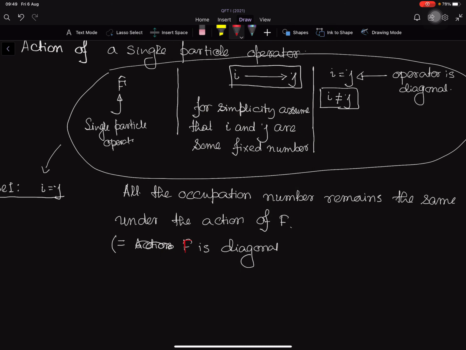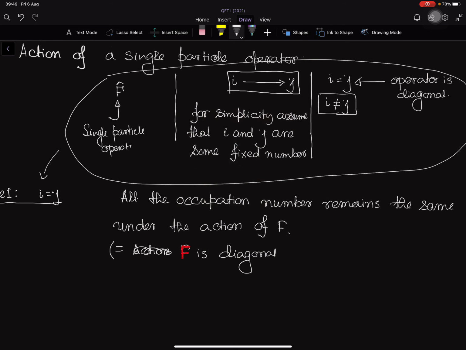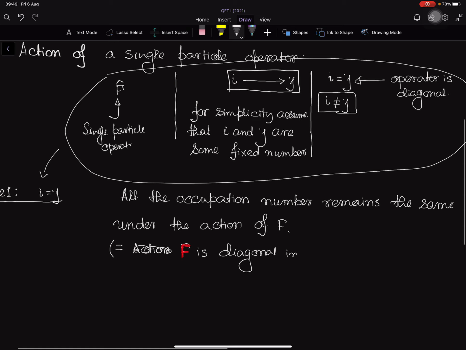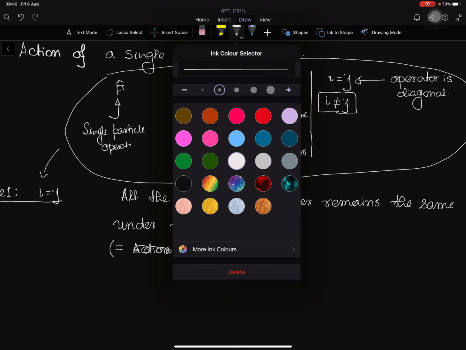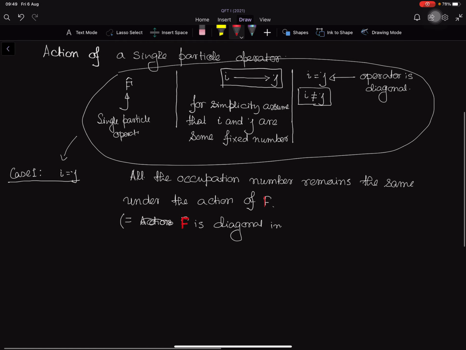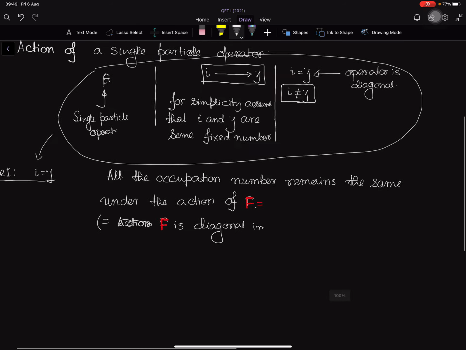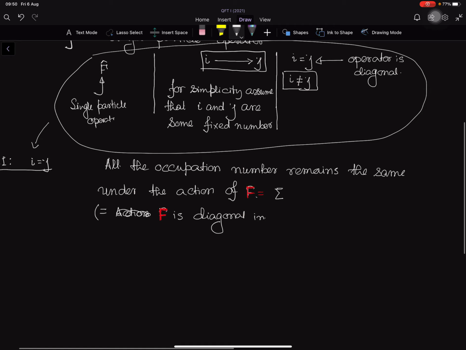This is the operator in the multi-particle Hilbert space, which is basically a sum over single particle operators. This is also a multi-particle operator, which is simply a sum over the single particle operators. Okay, so the action of f diagonal in the occupation number basis.